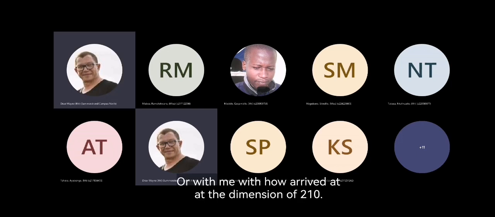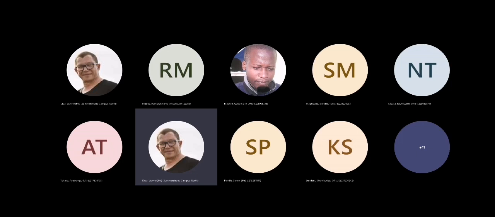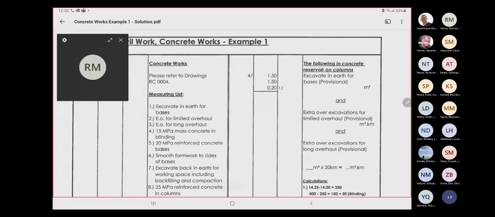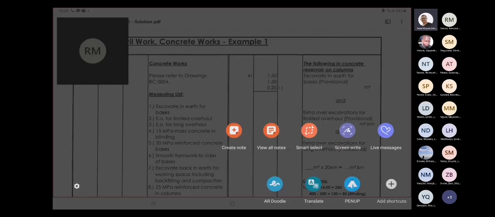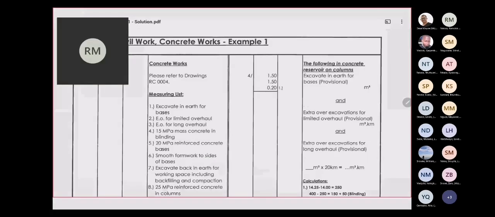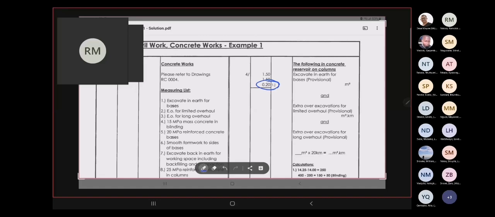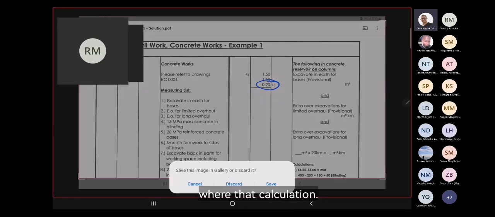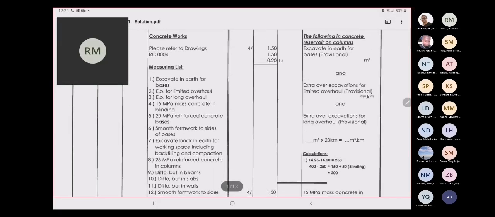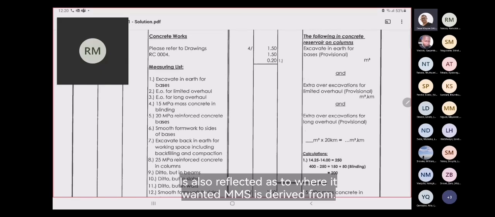Help me with how I arrived at the dimension of 200? Okay, so the 200 that I'm given is calculated. You can also see down at the bottom here, where that calculation is reflected as to where the 200 millimeters is derived from.